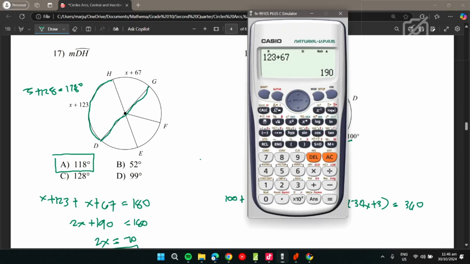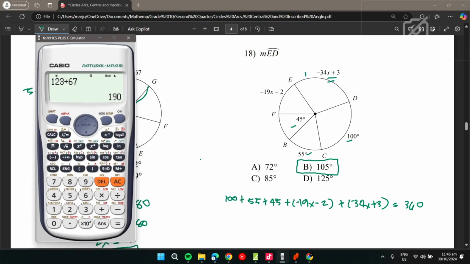Let me see. We have 100 plus 55 plus 45, and then we have here plus negative 2. So I'm going to do plus negative 2, and then plus here will be 3. So that will give me 201.